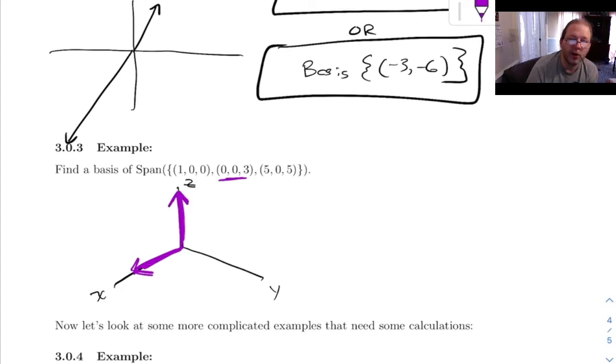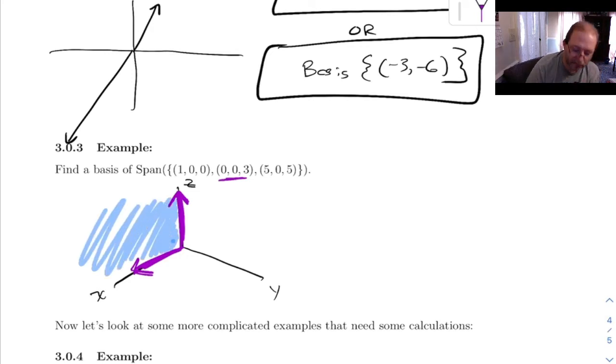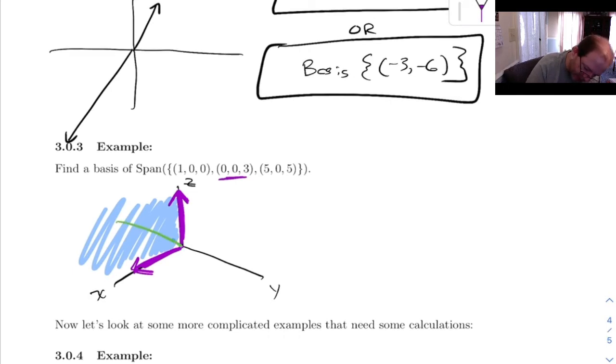That one should technically be longer than the one going down the X, but close enough. That right there is enough to get you everything that's in this plane over here. Now, (5, 0, 5) points up here, but it still lies on this plane.